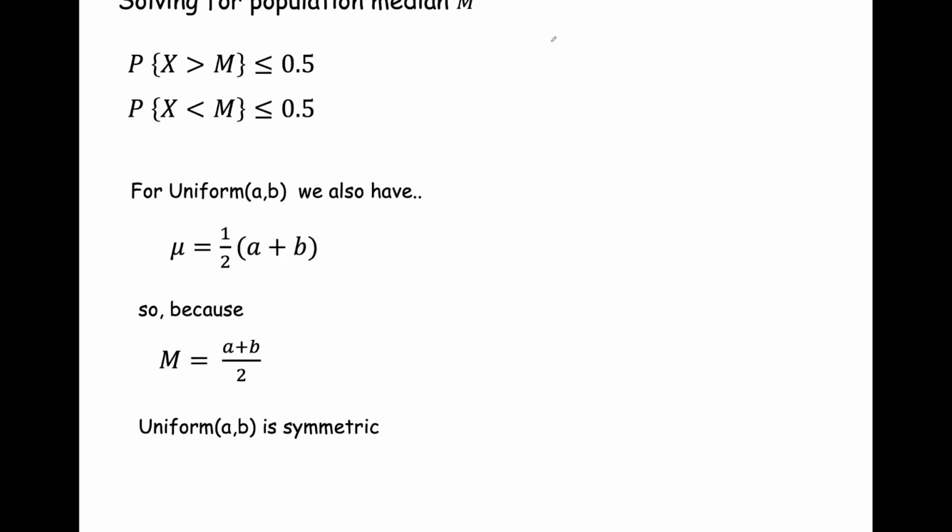So now we know that this uniform distribution is symmetric, and from before, the expectation mu of the uniform distribution is 1/2 (a plus b). And you see that the mean, mu, is exactly the same expression as the population median. And therefore, this uniform distribution is symmetric because it's true that mu is equal to m.